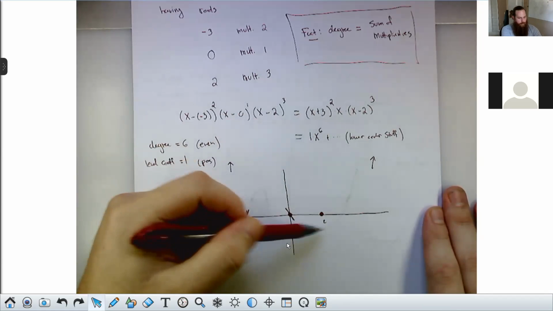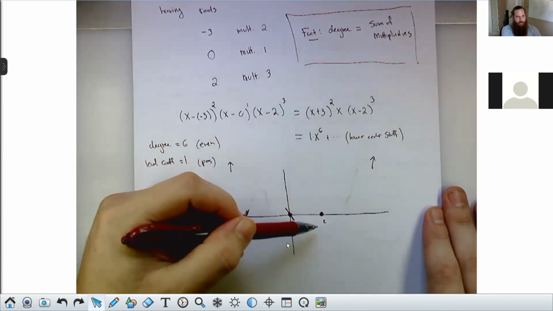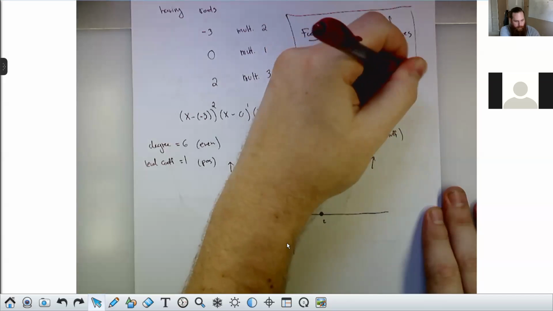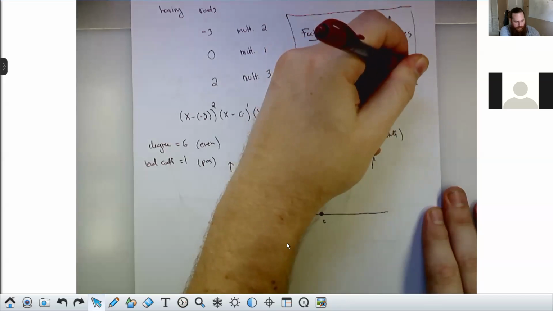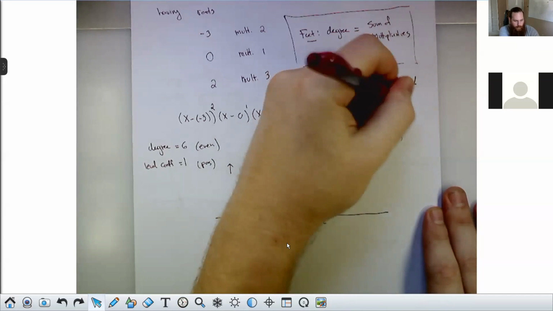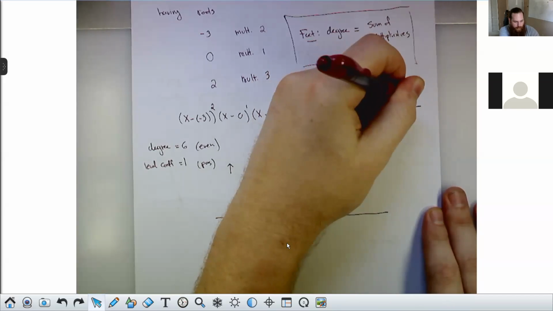The root at 2 is of multiplicity 3. So remember from our shape thing there, he's going to look either like this or like this.